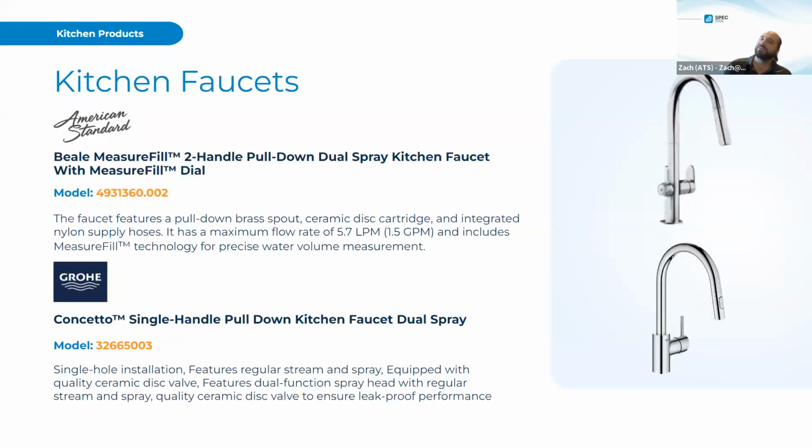Finishing off, once we select our sink, we need to pair it with our faucet. Pull down spray handles are really taking over. Almost all products have this type of option, or at least the family is going to have some option along these lines. With that, our minimum flow is going to be 1.5 GPM, and a number of products are maximizing the flow at that now. We have seen some products getting down to 1.2, 1.0 as well.